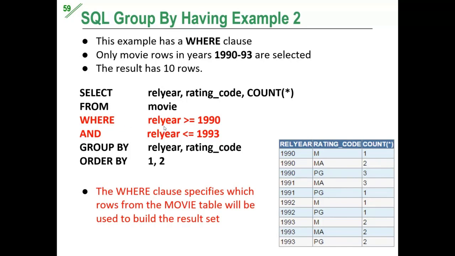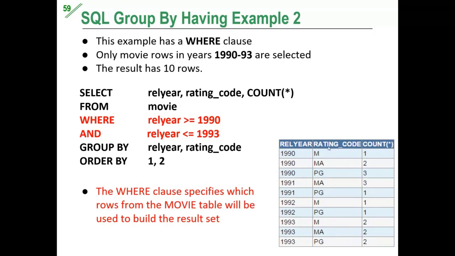What are the rows I want? Where the release year is greater than or equal to 1990 and release year is less than or equal to 1993. I want the movies between these two years. Then I put the group by release year, and in this case group by has two non-aggregate expressions, release year and then the rating code.